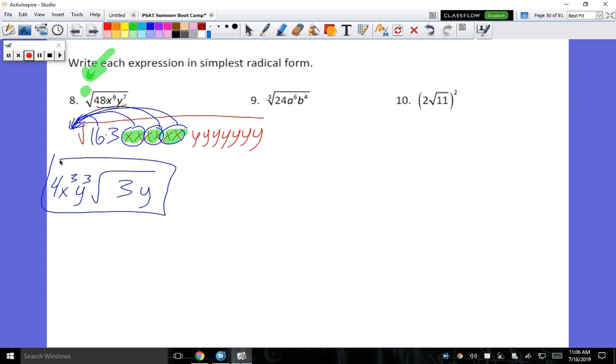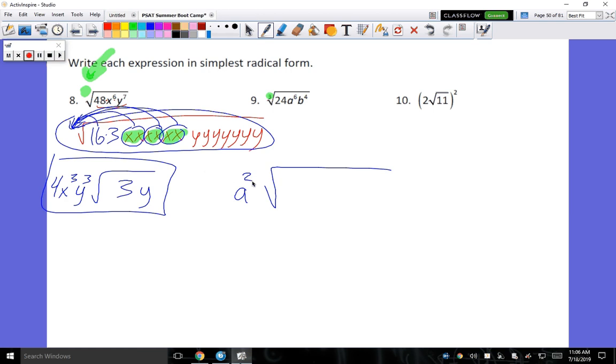Okay? So now, I'm not going to do the visual this time for number 9, but I want you thinking about the importance of why I stressed that number there. Because now my groups are going to come out of this square root in groups of what? 3. So how many A's come out? 2. Go with me, guys?